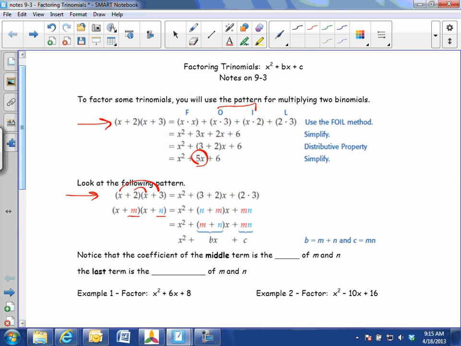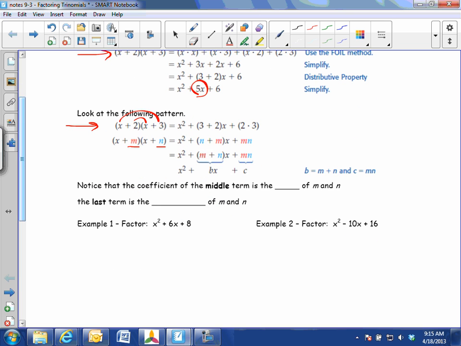Like up here, where we had 3x plus 2x is 5x, they've already taken those 3 and 2 and put them together as a 5. So here they've taken m and n, put them together, m plus n. And then last times last, that's going to be m times n. Then they've said m plus n they're calling b, and m times n is c.